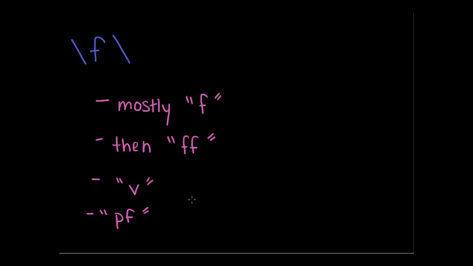Again, there are certain roots with the V and the PF. If you know those German roots, you can immediately recognize the root, and you can recognize the fact that the F sound is going to be represented with either a V or a PF, depending on the root. And the final option, rarely a W for the F sound, sorry.